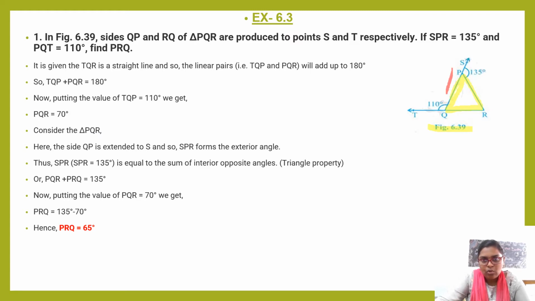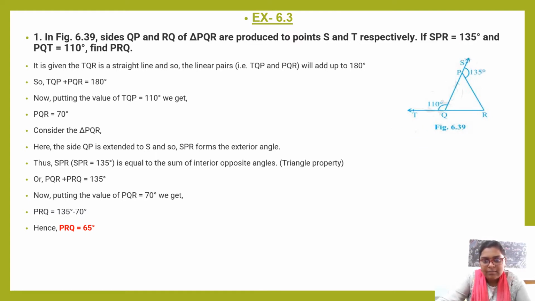This is your QP, and RQ are produced to points S and T. Beta, see, this is the extended line, this S and this T. Okay. So if SPR is equal to 135 degree.